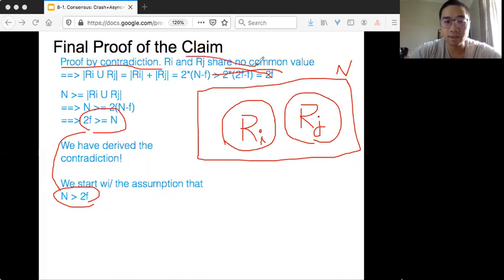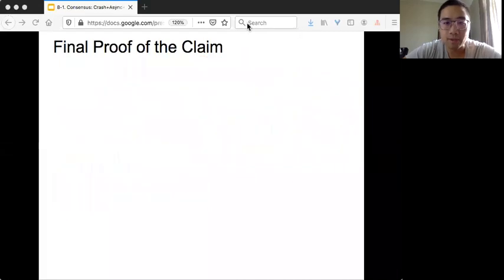Therefore, this assumption is not correct. That means that Ri and Rj must share a common value, and this completes the proof of the claim. So that's good. Actually, let me erase the drawing. Good.